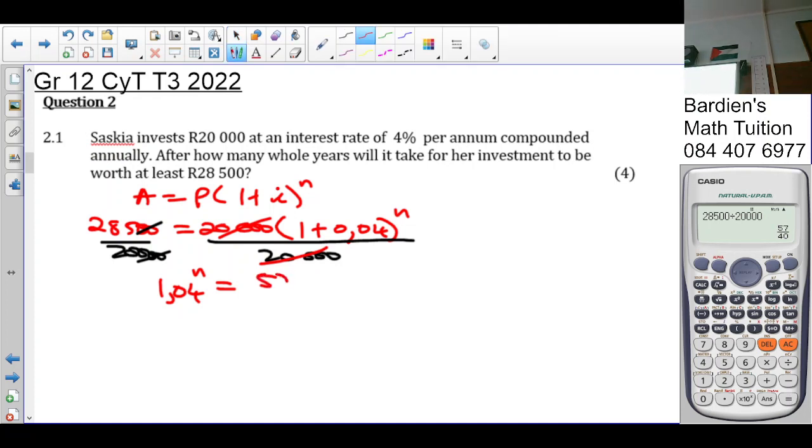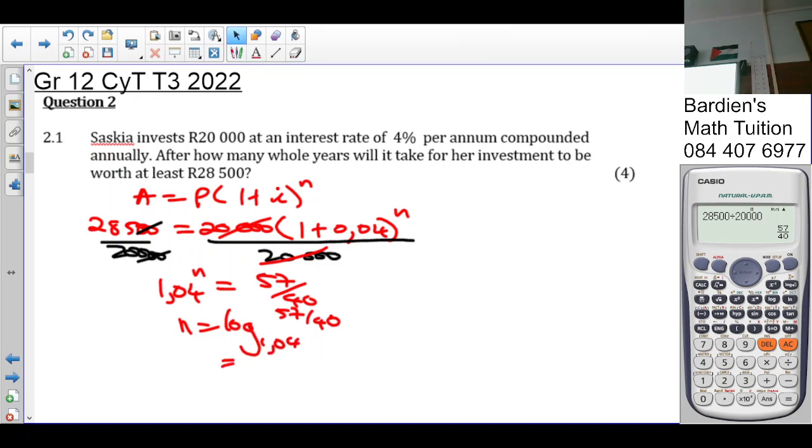Okay. So to solve for n, I'm going to use logs. So n is equal to log 57/40 base 1,04. So you're going to go log base 1.04 of 57/40 and that gives you 9,03.